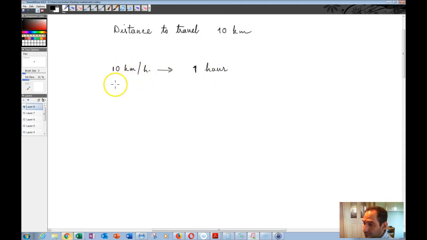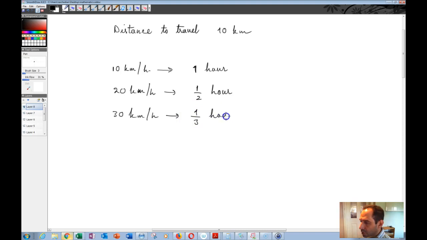If your speed is, for example, 20 kilometers per hour, then of course it's going to take you half an hour to travel 10 kilometers. If your speed is 30 kilometers per hour, it's going to take you 1/3 of an hour to travel a distance of 10 kilometers.